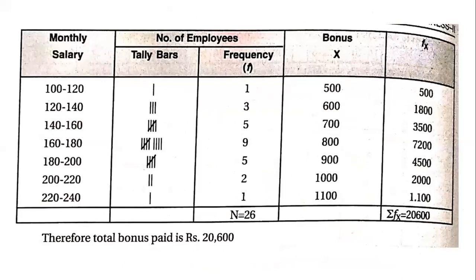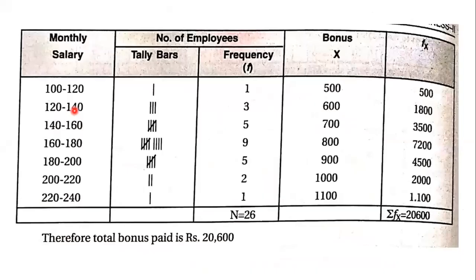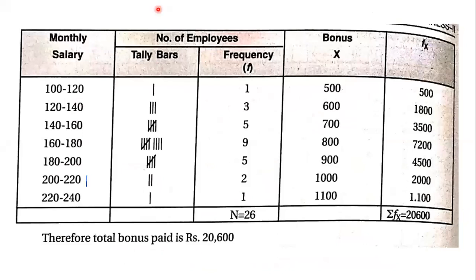So after taking monthly salary, let us consider all these numbers and put the tally bars. Now, how do we put the tally bars? Start from the first number, 205. So 205 belongs to the category 200 to 220. Then the next number, 190, will be coming between 180 to 200.